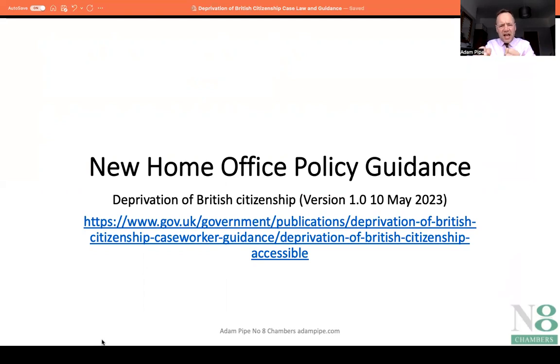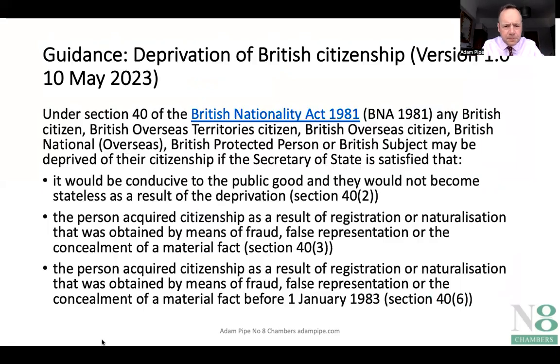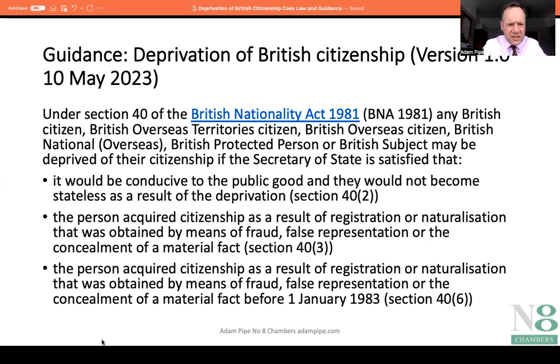But this is worth citing from when you're making representations where the Secretary of State has indicated they're minded to make a deprivation decision, or you're drafting grounds of appeal. So I'll just quickly summarize this. The first thing in the guidance I want to refer to is it sets out the provisions.